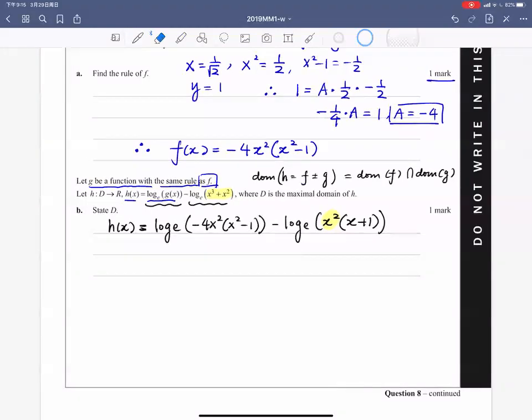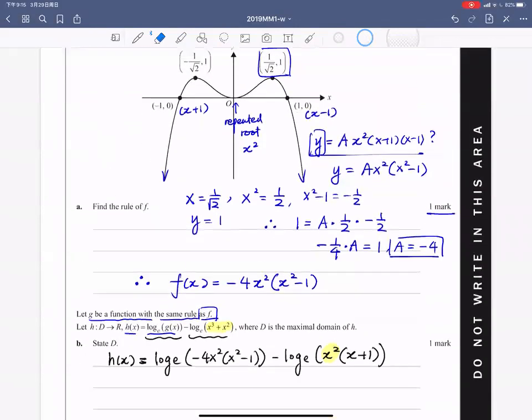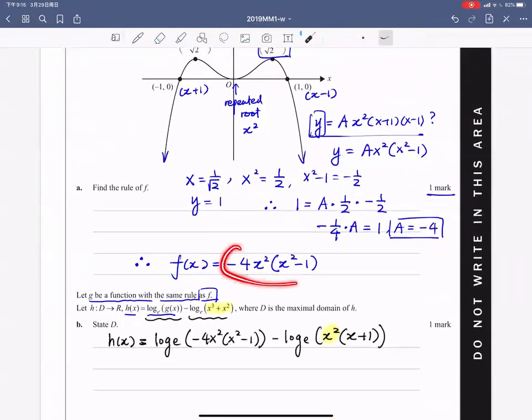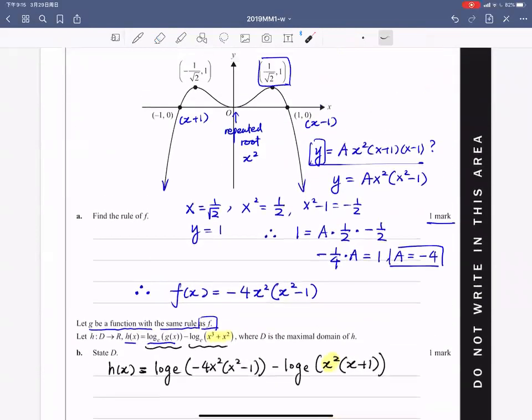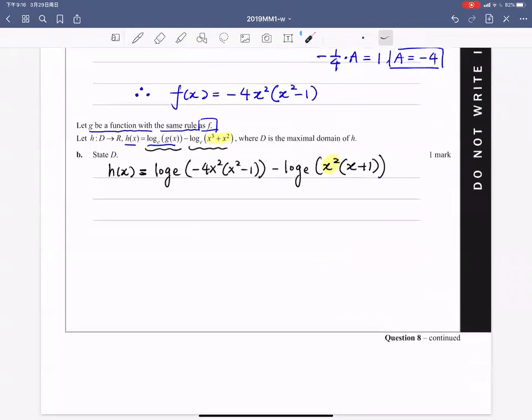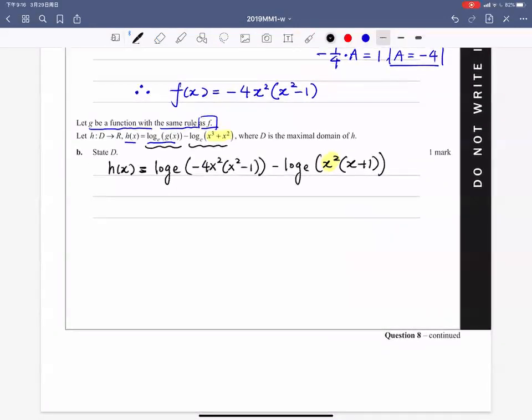All right. The first part is log e g of x, which is log e that guy here. If I want the log e to be defined, I must make sure this bit is greater than 0. So from this point, open circle, to this point, open circle, to this point, open circle. All right, therefore, let's drop it down.